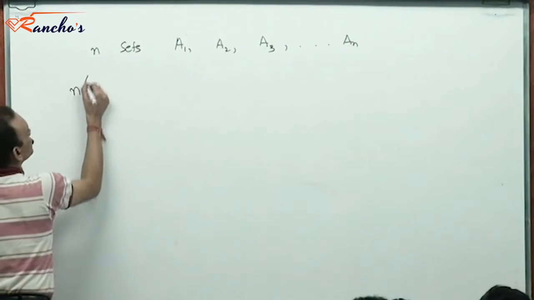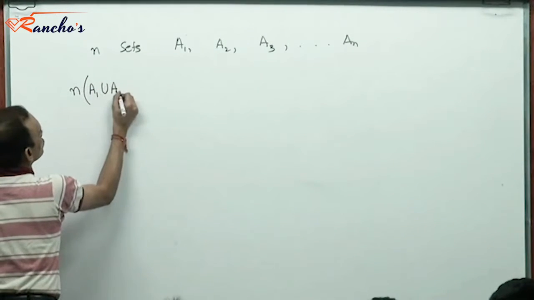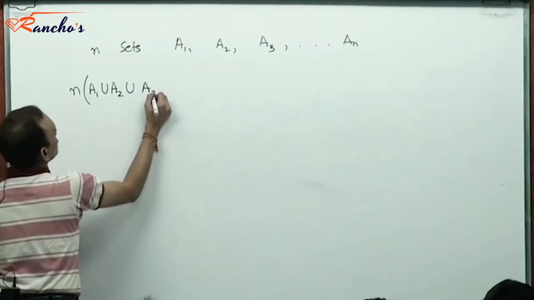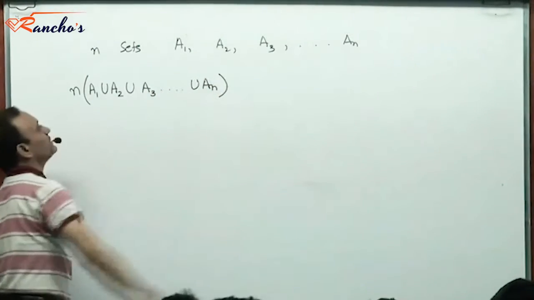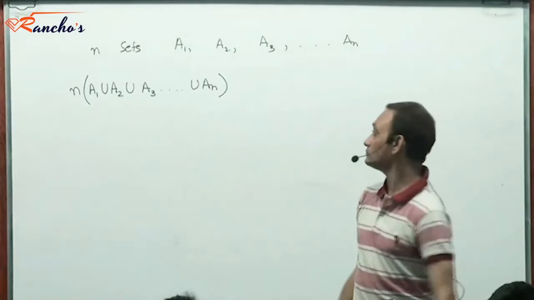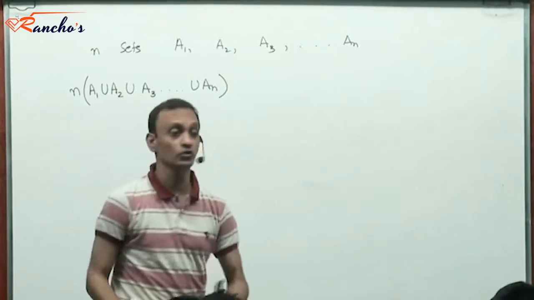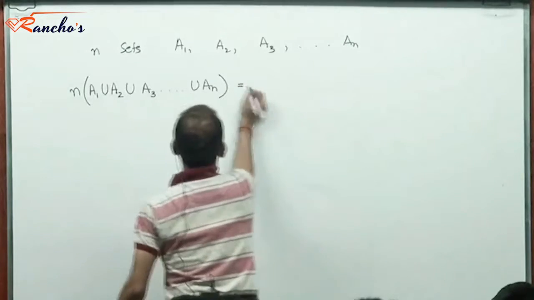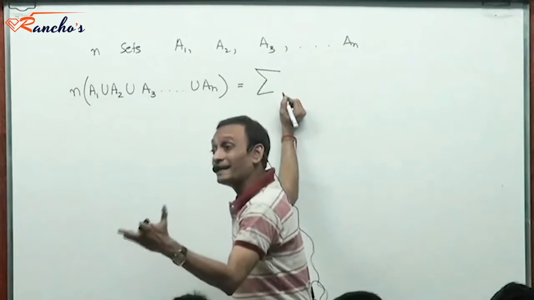And if I want to find the number of elements in A1 or A2 or A3 or An, that from principle of inclusion exclusion is going to be, the first summation is going to be terms of the following kind: n(A1) plus n.